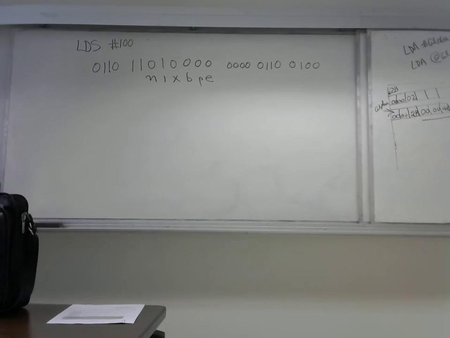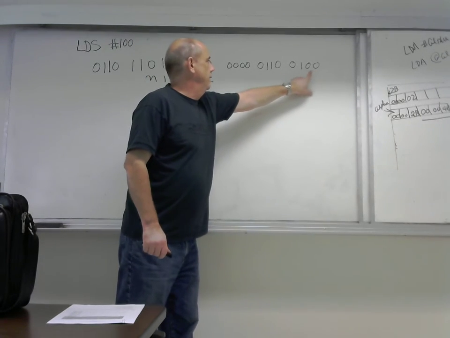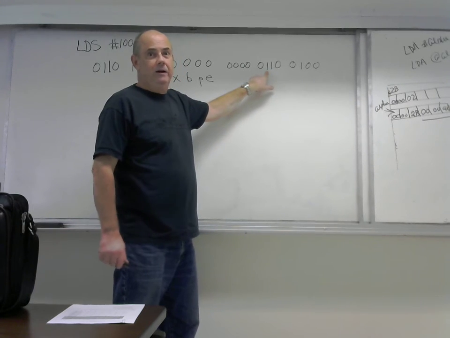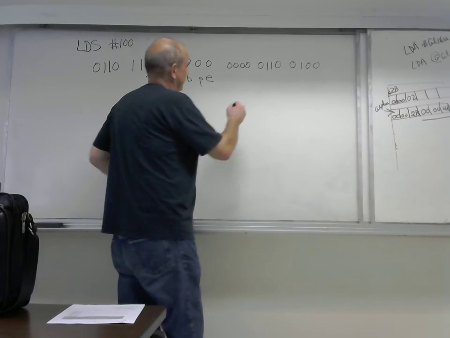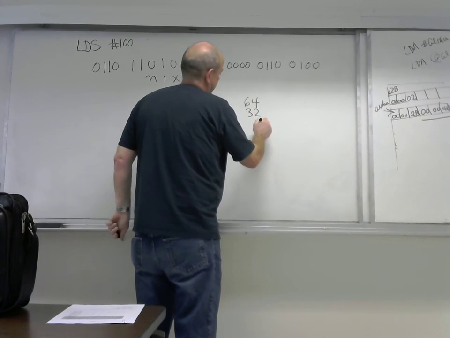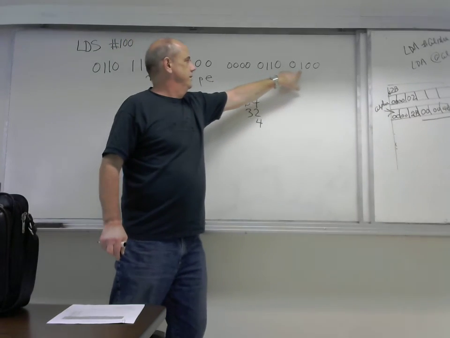Everybody agreed? How'd you get that? It's 6, 4 in hex, 6 times 16 plus 4. That's 100. Or if you want to think in binary, this is 1, 2, 4, 8, 16, 32, 64, so 64, and 32, and 4.